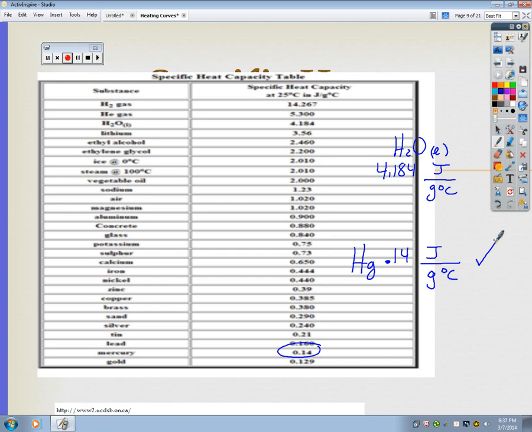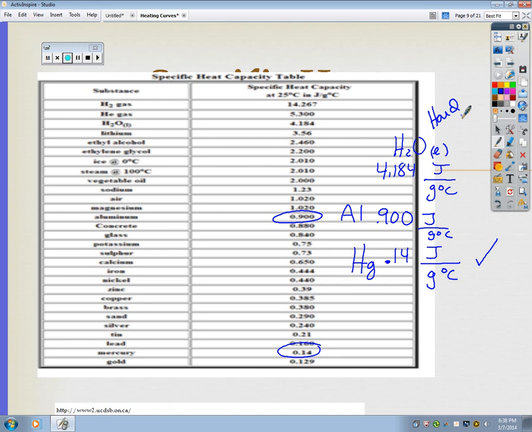So let's look for a second. Look at aluminum. Aluminum has a specific heat of 0.9 joules per gram degrees Celsius. So what's true? Water is very hard to heat up. That's a good thing. If it was easy to heat up, look what would happen to lakes and ponds in the summer.